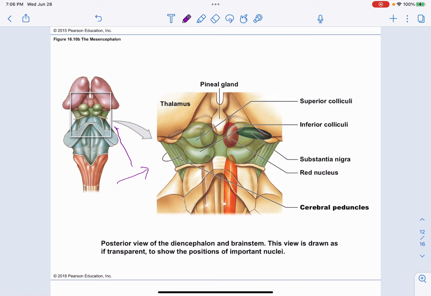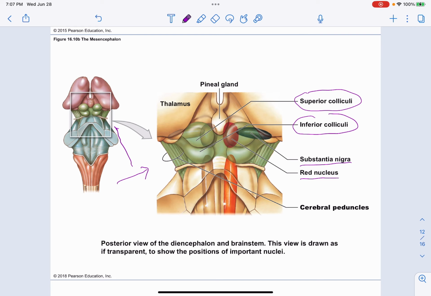There's some very important nuclei, including the superior colliculi and the inferior colliculi that we're going to discuss on the next slide, the substantia nigra and the red nucleus. So those are the important nuclei that I want to talk about.